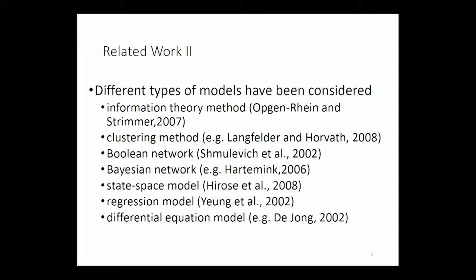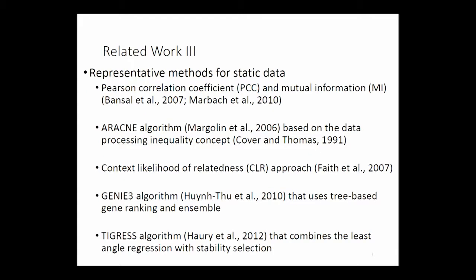People have tried many different types of techniques to solve this problem, and some of them have become quite popular. For example, the Pearson correlation or mutual information approach, which are very simple to understand and use. And also you have ARACNE or CLR, Genie3, TIGRESS, that kind of technique. They are based on different concepts and ideas.